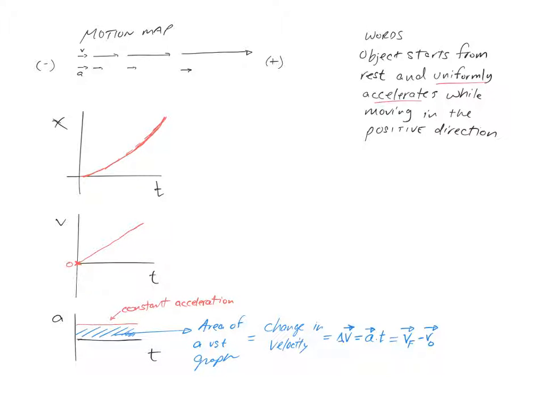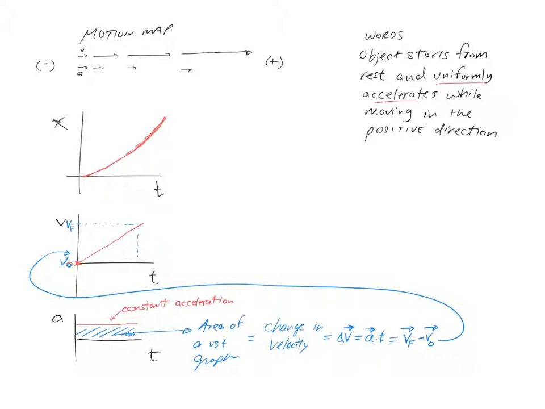Okay, let's go up to our velocity graph. That'll be easier. In the beginning is my initial velocity. It looks like in this case my initial velocity is 0, but that's my initial velocity. And then at final time t, this would be my final velocity.